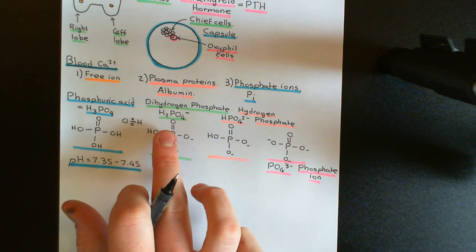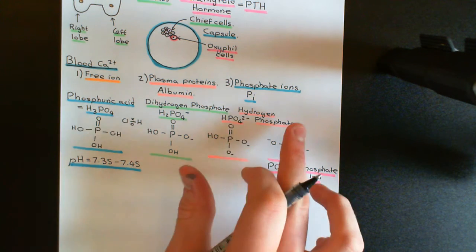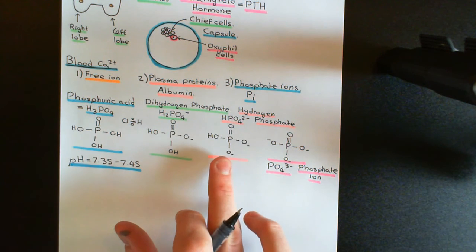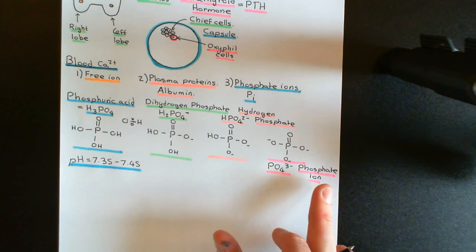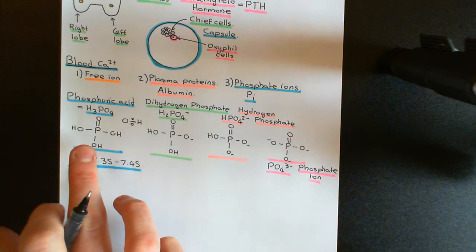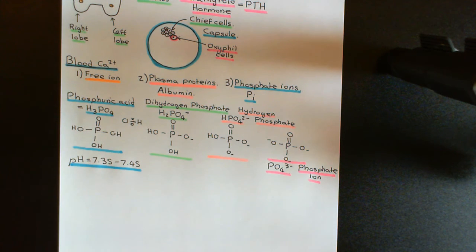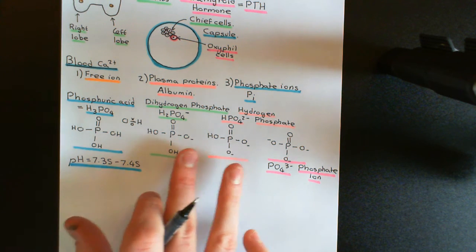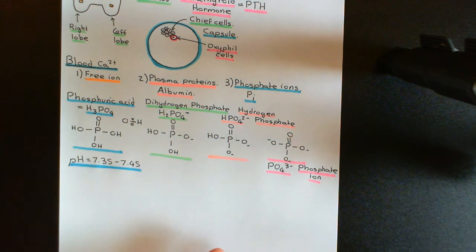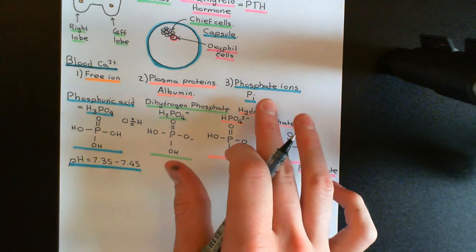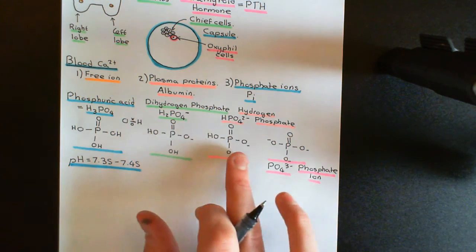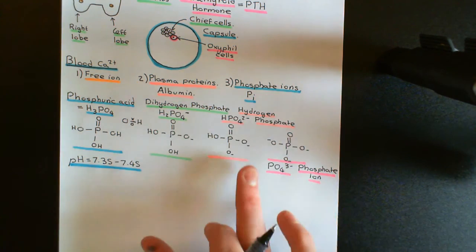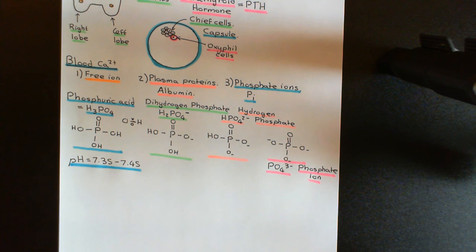So you're mainly going to have dihydrogen phosphate ions and hydrogen phosphate ions in the blood. You're going to have very few true phosphate ions, and very few phosphoric acid molecules. So when we say phosphate ions, we are referring to any one of these three, not necessarily the true phosphate ion, because the true phosphate ion is very rare within the blood.